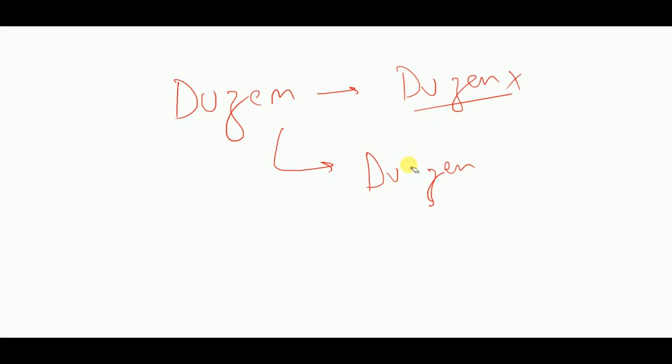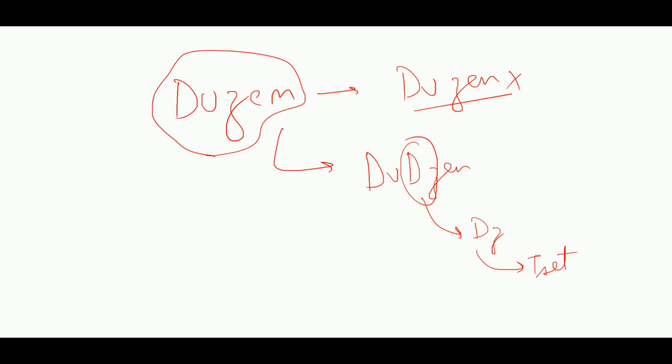Wait, I'll make it a little more clear, because this TZ is actually Tset, as we learned in the previous slide. So please speak out this word, friends. Dutzend.